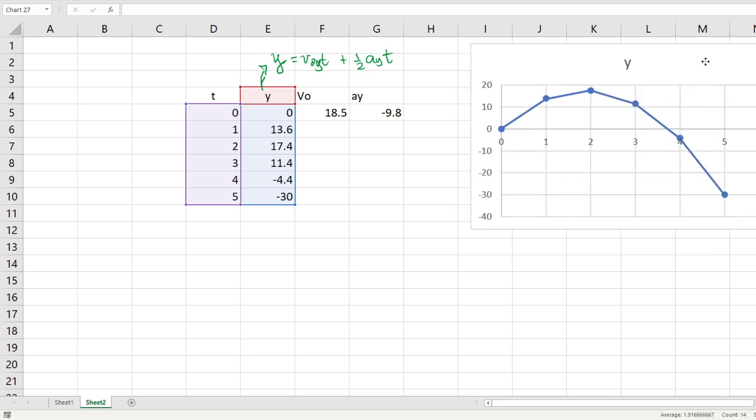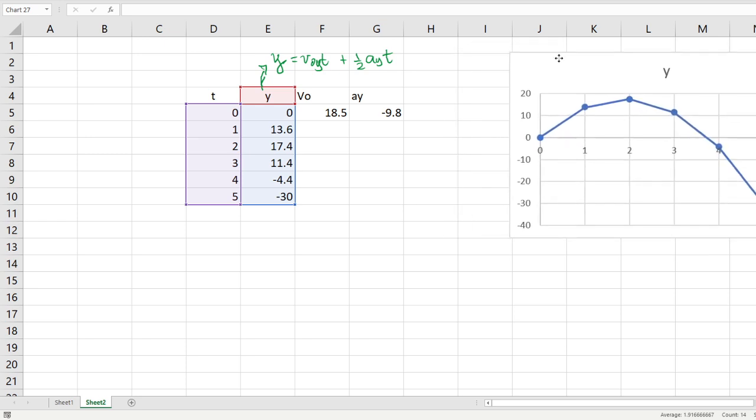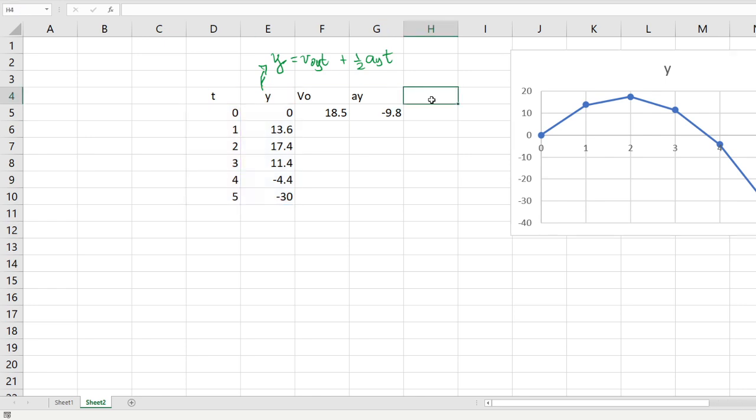Now what about the velocity time graph? For the final velocity, we will be using the first expression. That would be the initial velocity, which we anchor, plus the product of the acceleration and time, and we drag.